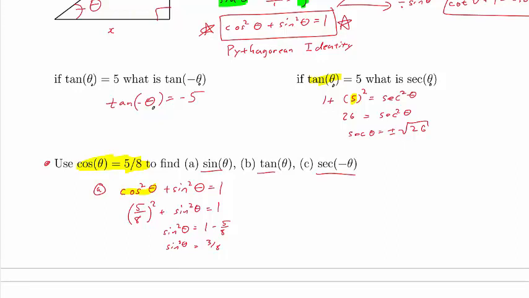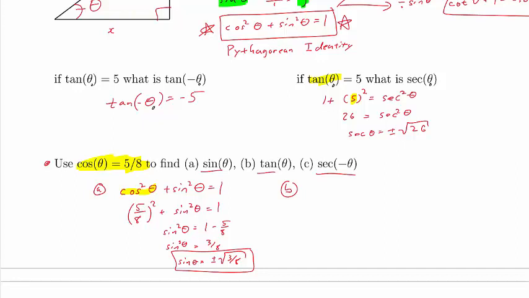And we have to take the square root of both sides. So what does sine theta equal? Well, sine theta could equal positive or negative square root of 3/8. All right. And so you can see here we use the fundamental Pythagorean identity.